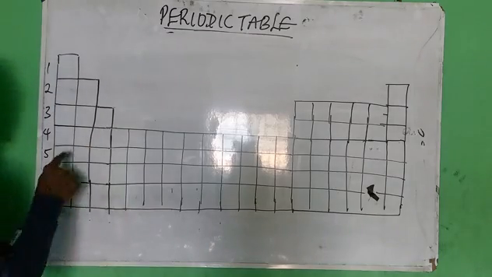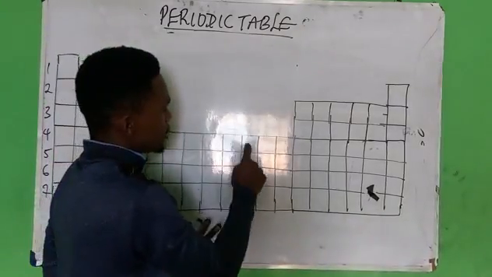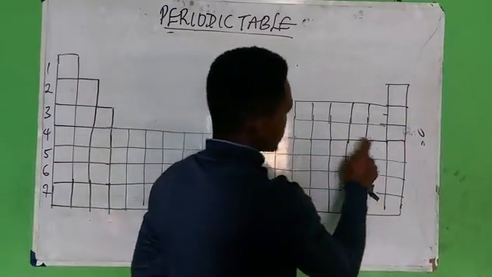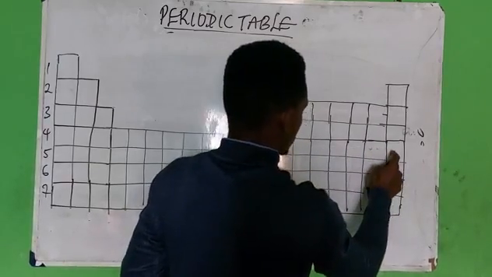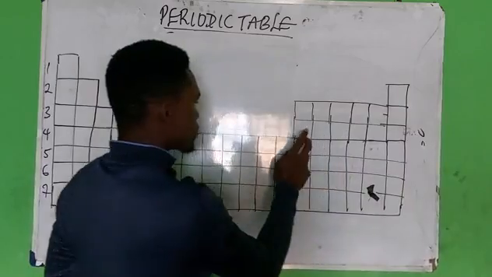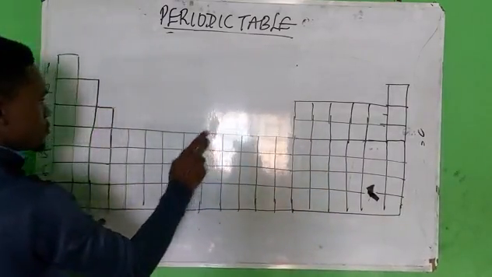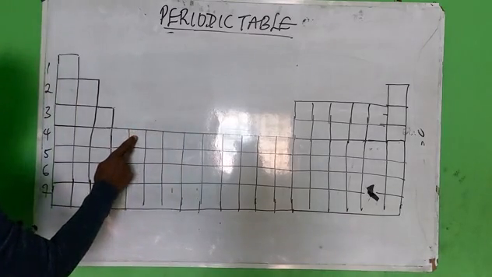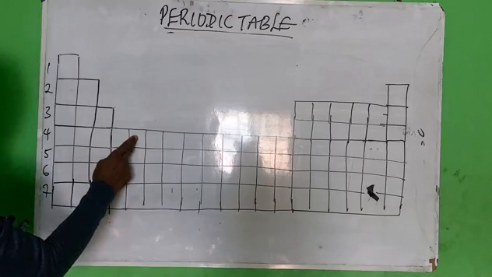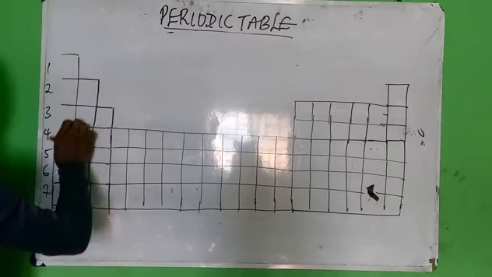Count: you have 1, 2, 3, up to 18 groups.